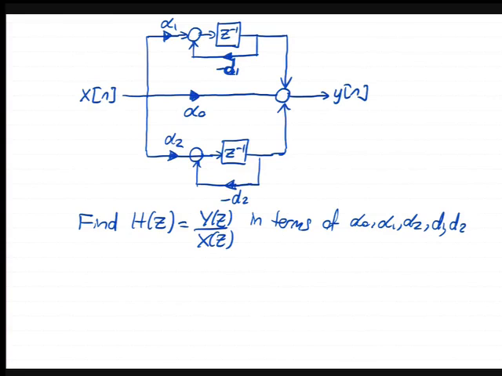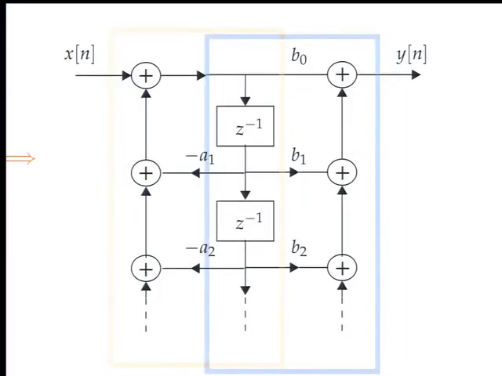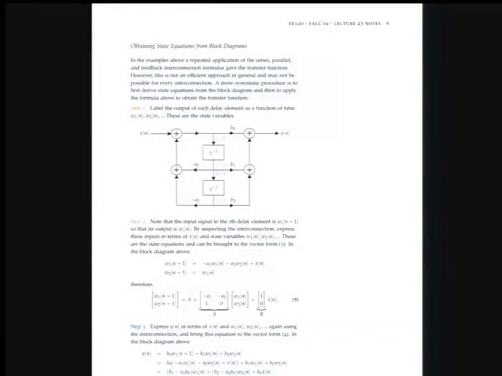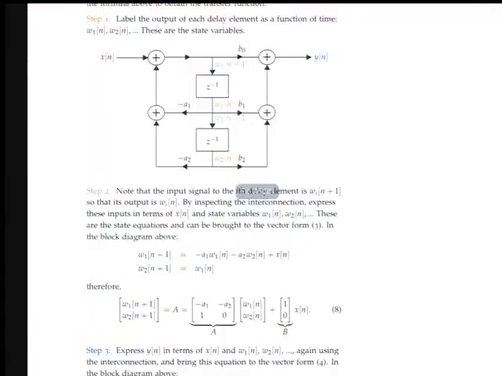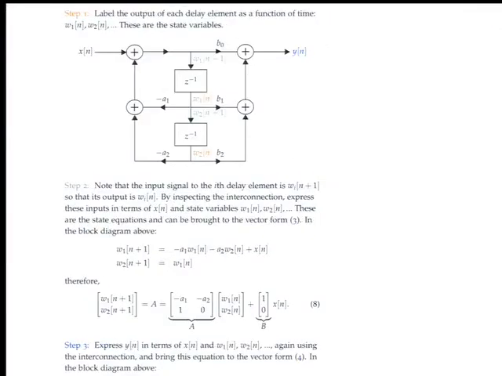Okay, now we have it on the board, so I can switch to the notes. Here's the procedure. Okay, so you have a different block diagram, but the steps are the same. So work it out. I'll put somebody on the spot to give me the answer.